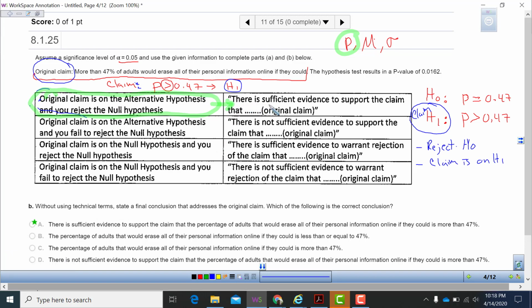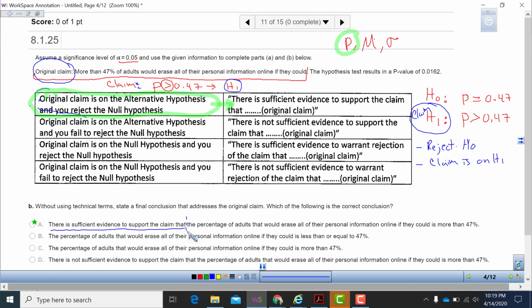It says there is sufficient evidence to support the claim that. For the rest of the paragraph, all you have to do is just copy this claim: more than 47% of adults will erase all their personal information.